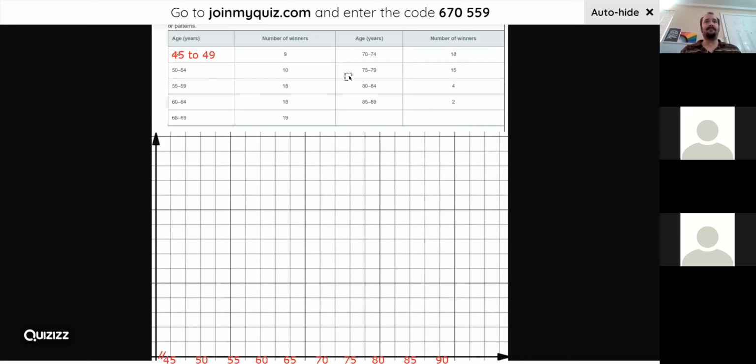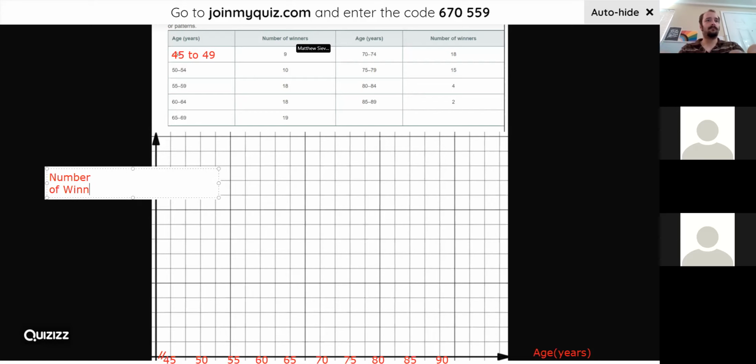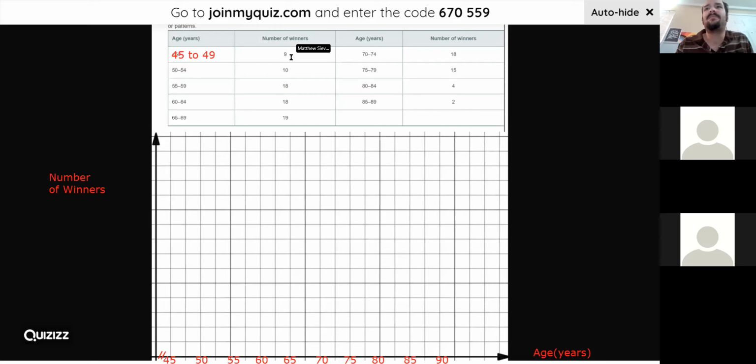And so I don't have much room, but what should I have down here? This is saying the age in years. This is going to give me the number of winners on my y-axis. And so in my number of winners, I have to go from 1 to, I think, up to 18, 19, 20 probably is where I'm going to go.